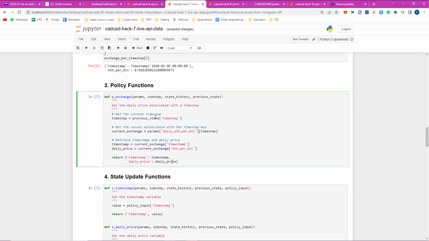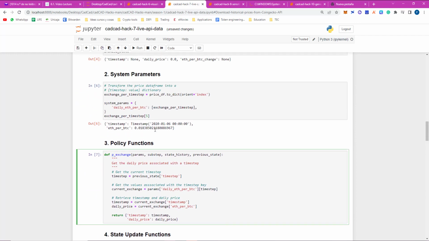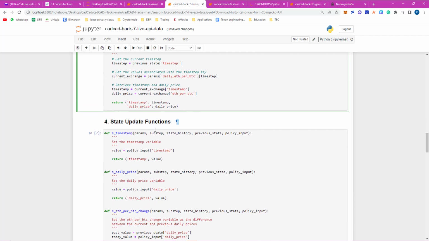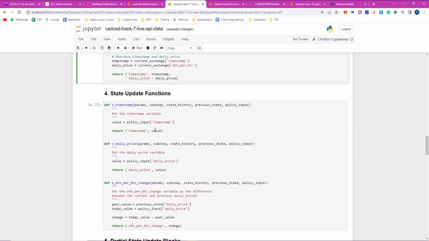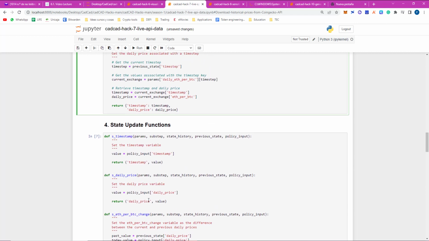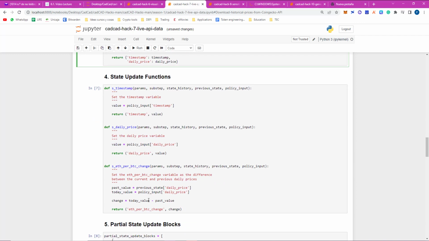The daily price, if I'm not wrong, should be a list in which you have the price of BTC and the price of ETH, I guess, right? Okay, then you get the state functions.